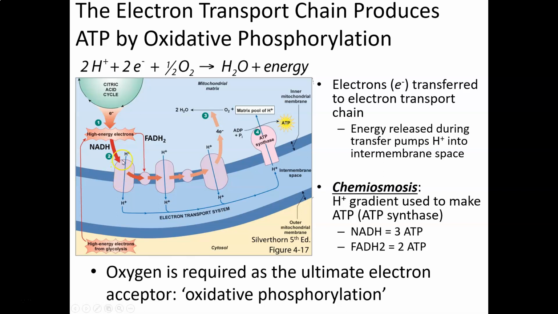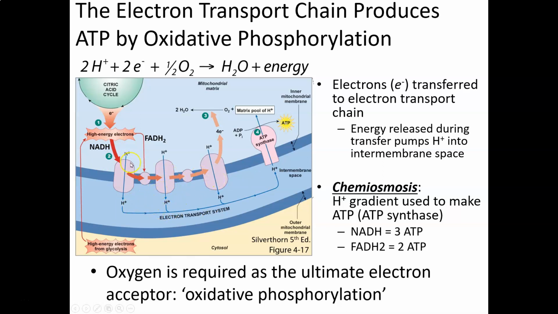And so that allows me to move one hydrogen across the mitochondrial membrane, which then is going to result in making an ATP. FADH2 enters later, after this first step, so it can only make 2 hydrogen ions move across, which make 2 ATP, but NADH does the first one, then it does the next 2 as well, and so that's why we get 3 ATP.